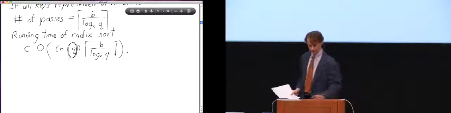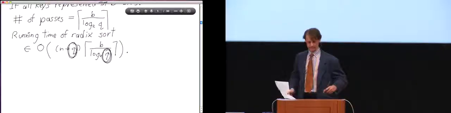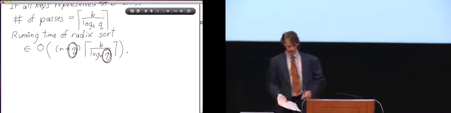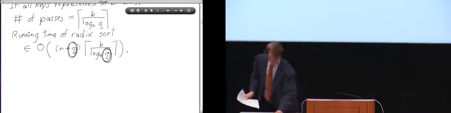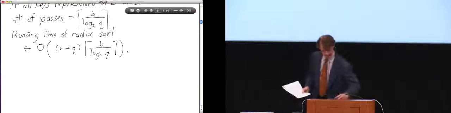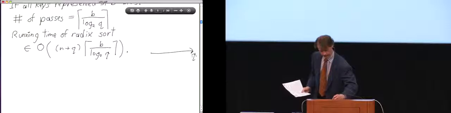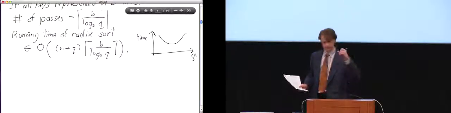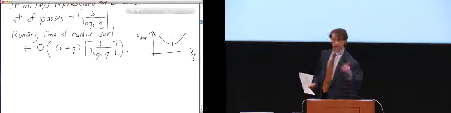Or should we make Q big so that this fraction stays small? Well, it turns out that if you were to actually graph the running time as a function of the number of Qs, you get a U-shaped curve, and you want to find a nice spot in the middle.